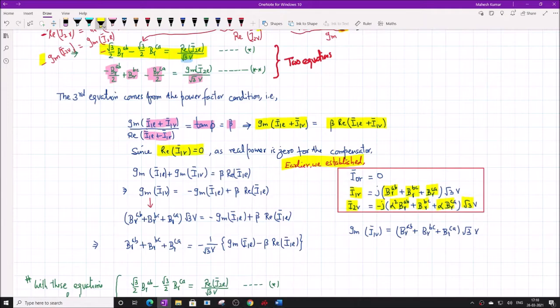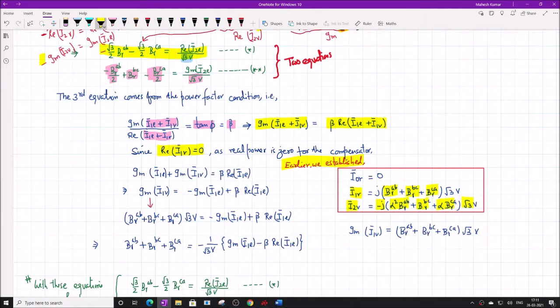It is equivalent to saying that the G part of the compensator is equal to 0, which is correct. In the beginning we assumed that the compensator consists of only the reactive components, that is L and C. It cannot have a resistance. So that is true.